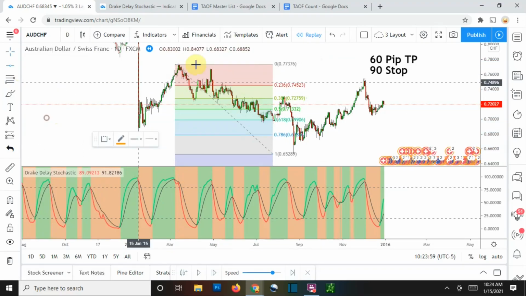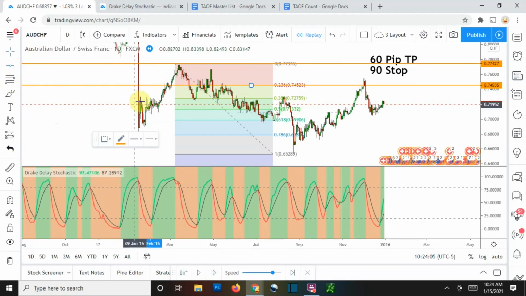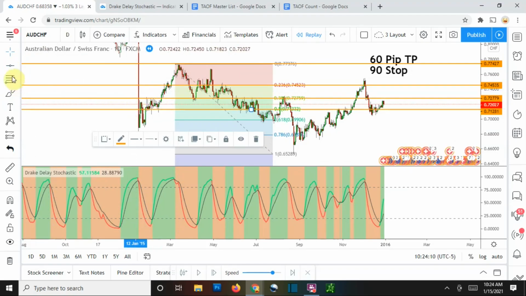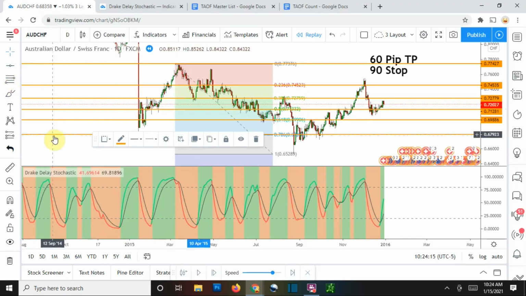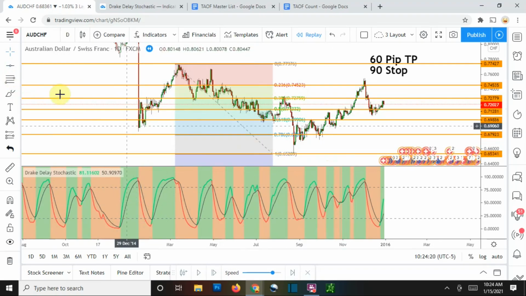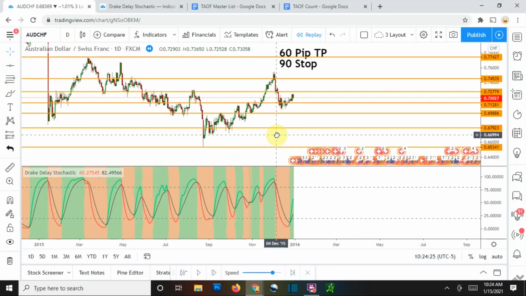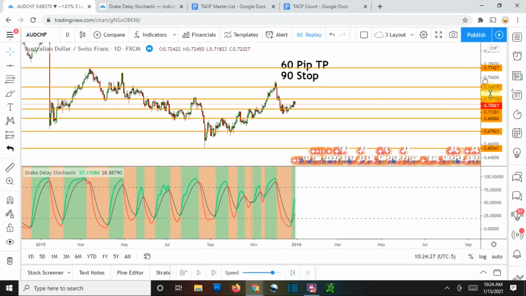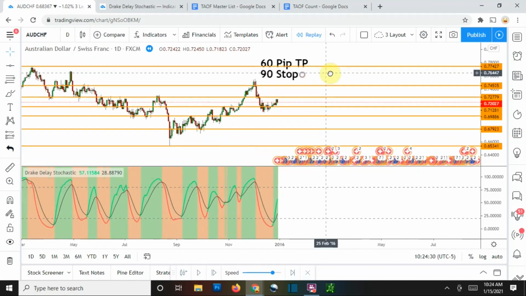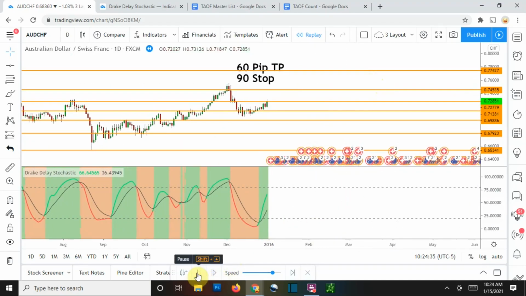We will mark off some areas here, like so, and down to there. That way we have an idea of where we might have support and resistance, supply and demand areas. And then we will go ahead and play it out and see what we can get out of this indicator.